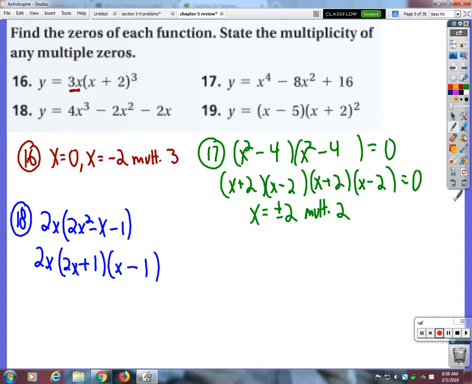Carter, what makes this one equal to 0? 2 times what is 0? 0. Let's do the easy one next. What makes this one equal to 0? What minus 1 is 0? 1. Good. And then Kate, to earn your trip to the bathroom, what makes this equal to 0?